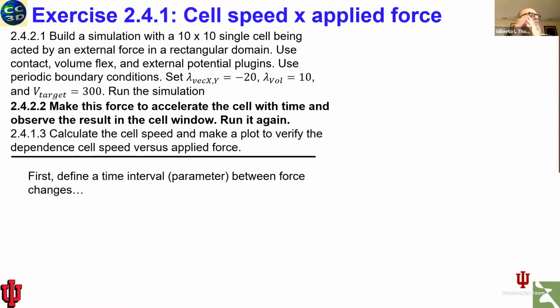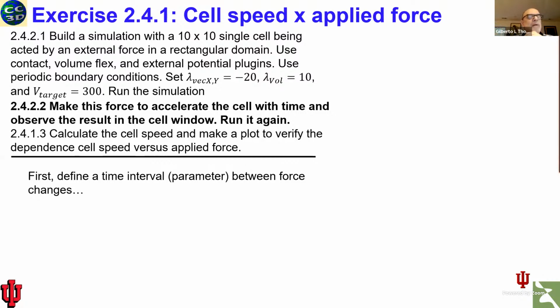Fast. So to change the force, we have to define a time interval for that change. We can choose any time interval we want. But to have the exercise more visible, let's choose a certain number of Monte Carlo steps, which is not one.